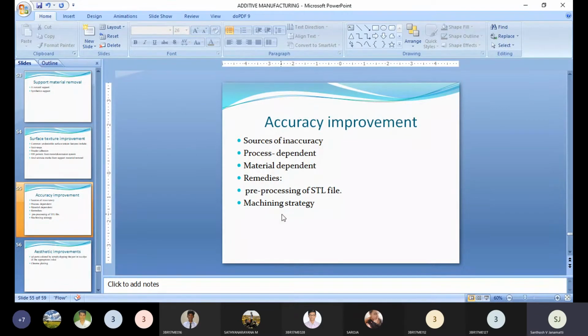Sometimes what happens is we need to produce a big quantity, but we are selecting small machines, smaller in size. That may lead to inaccuracy in the 3D product. So this is what machine strategy is.